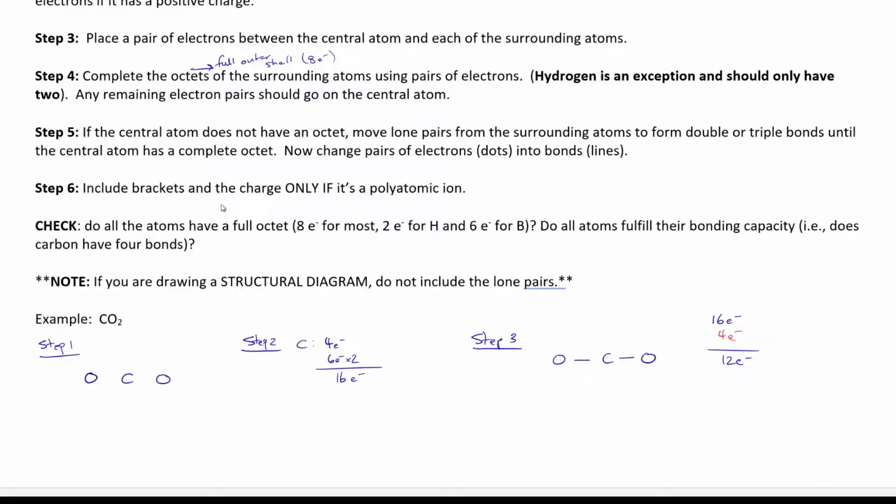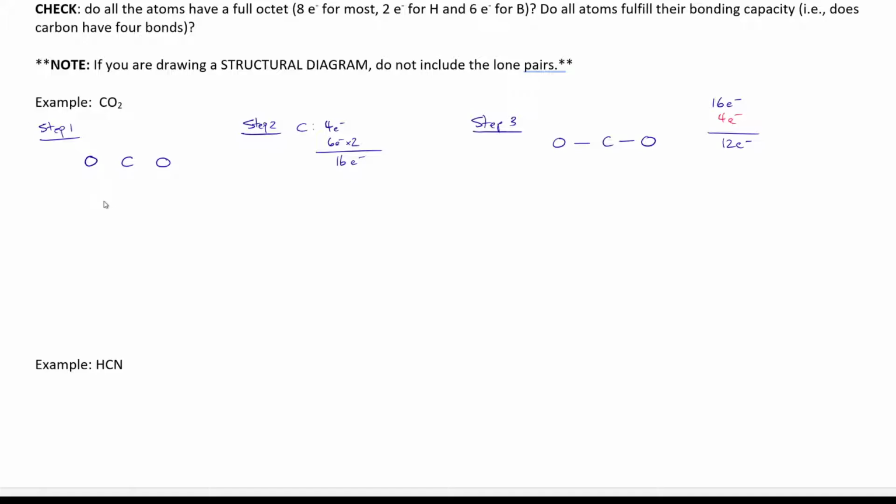So these right here are your surrounding atoms, and so I will redraw that. We have oxygen, carbon, and oxygen. They have their bonds here. These are the surrounding atoms right here.